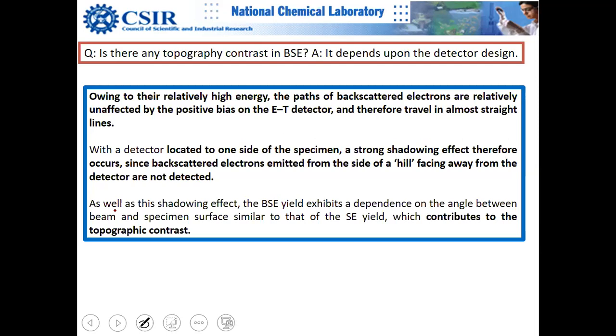Yes. But the detector can be located on one side of the specimen. You saw in the images that the backscatter electron detector is concentrically located right underneath the lens. It is designed to get an equal amount of flux from your specimen.